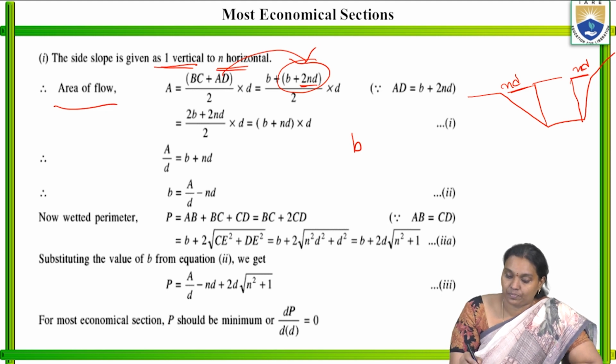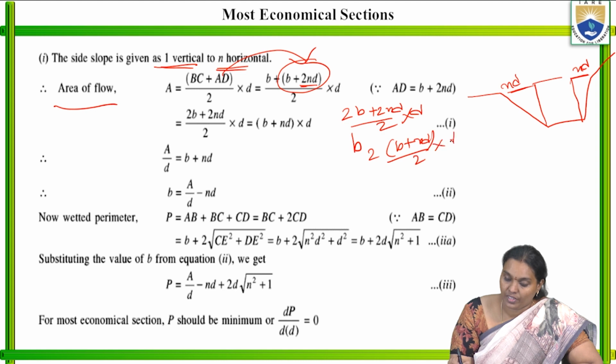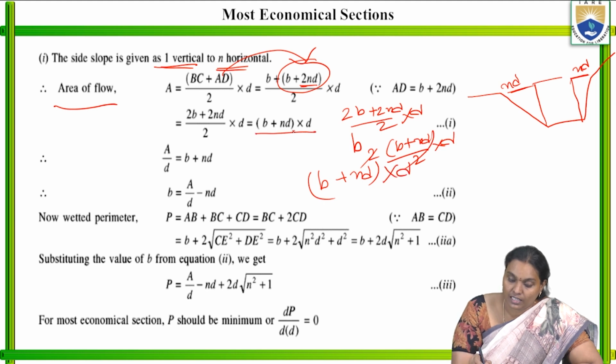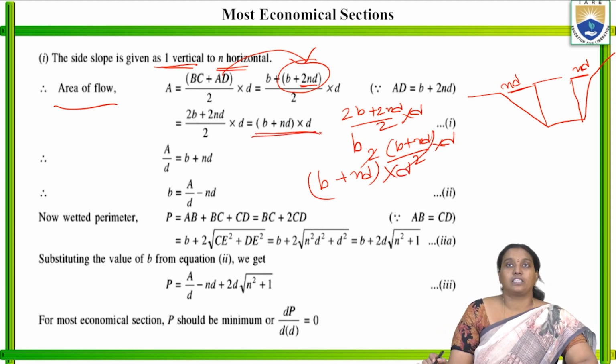So finally, 2b plus 2nd by 2 into d. So b plus nd by 2 into d, that is equal to, 2 cancelling, b plus nd into d. This is the area of the trapezoidal channel section.